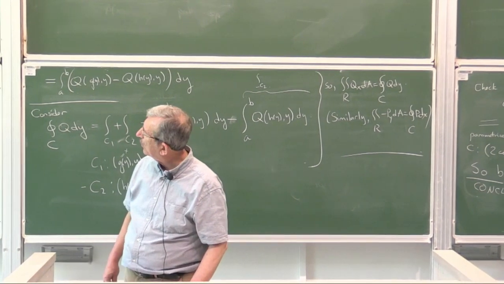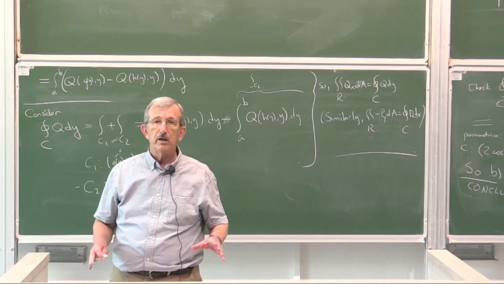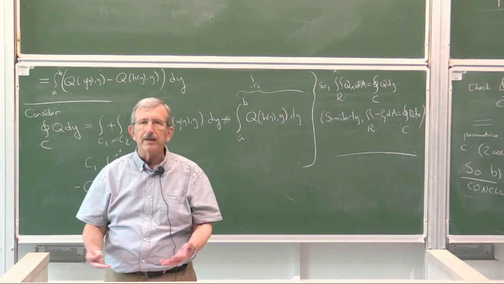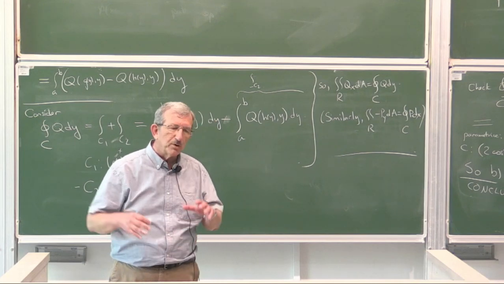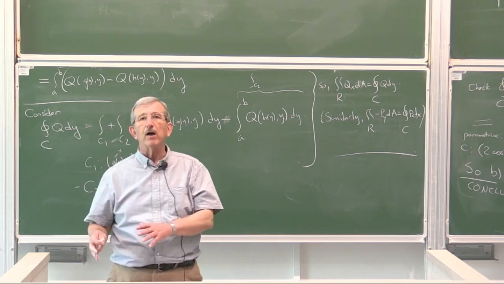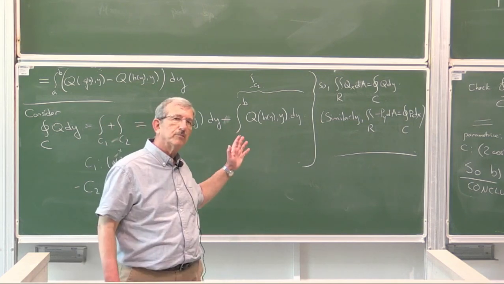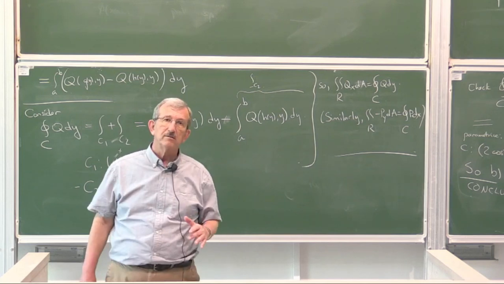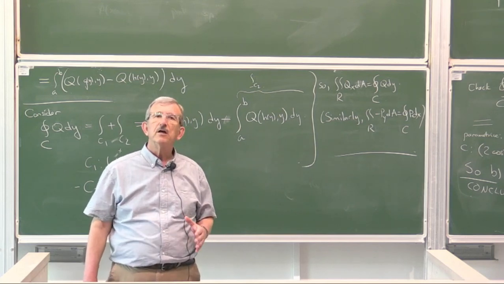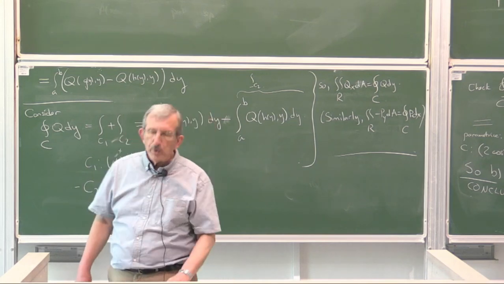If you can split the region R into finitely many simple regions, which are simple with respect to both x and y at the same time, then this proof works. You just repeat. But if you cannot, if the region is more complicated, this argument will not work.